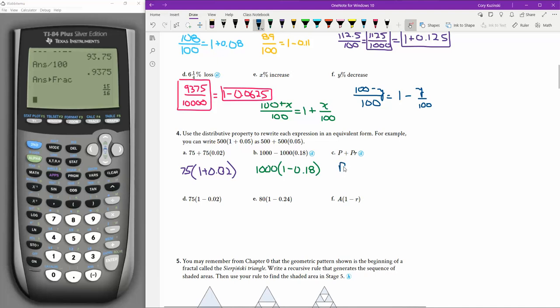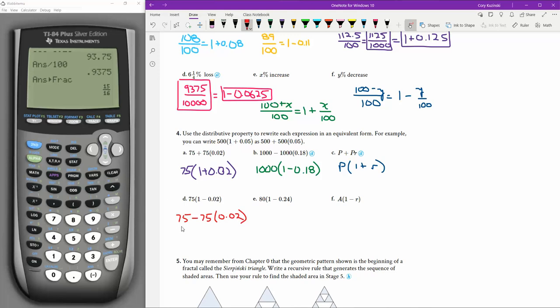So I see P as a factor in both of these. P times 1 would be P, and P times R would be PR. All right, this one we're going to actually do the distributive property, 75 times 1, and then, I think we're just supposed to write it like this. Let me check the answer in the book and see what they're looking for, which is obviously what A was up there.